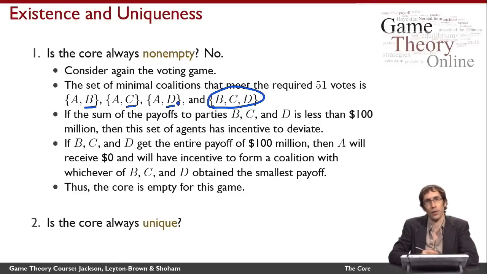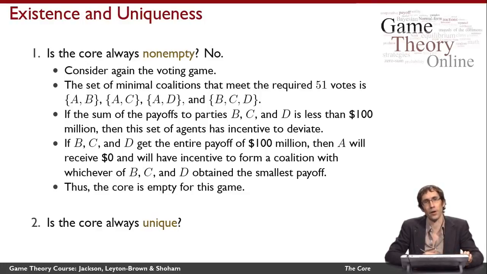And A could do this with whichever of B, C, and D is getting paid the least under whatever payment profile we're assuming is adequate for B, C, and D. And thus we can see that there's always some subcoalition that could profitably deviate from any payment profile that we propose. And that means that the core is empty for this game.